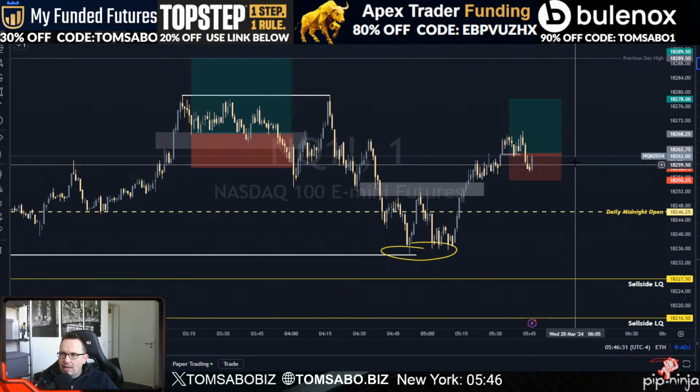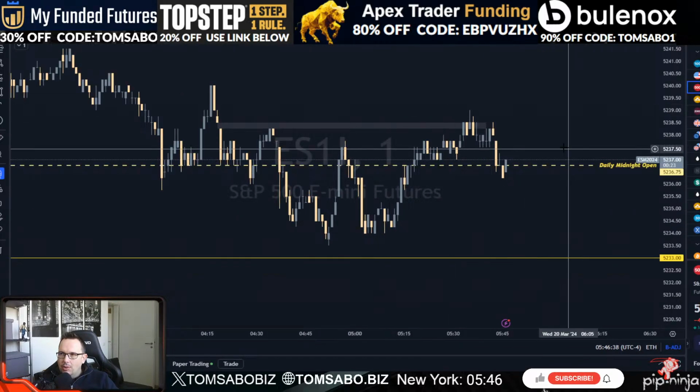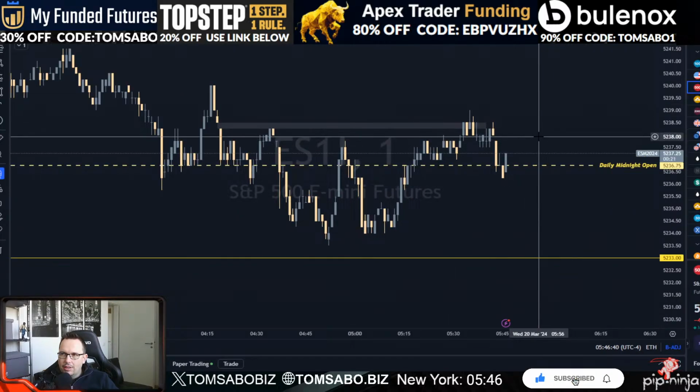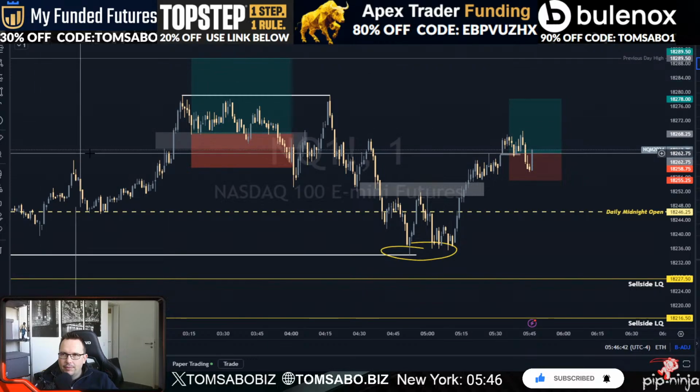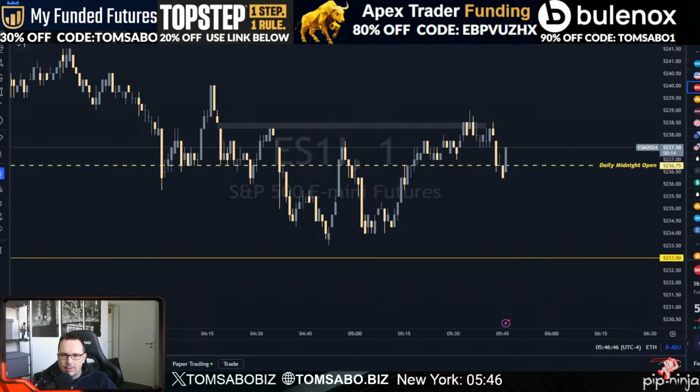So now it's getting back to that gap, and this is the decision point if they want to drop it or not. We have a liquidity void higher on ES, so I'm going to be checking ES as well, if it wants to reprice.